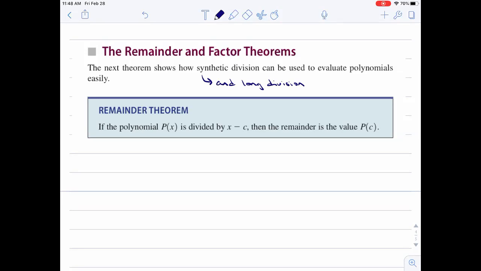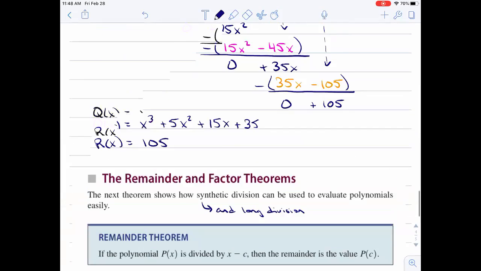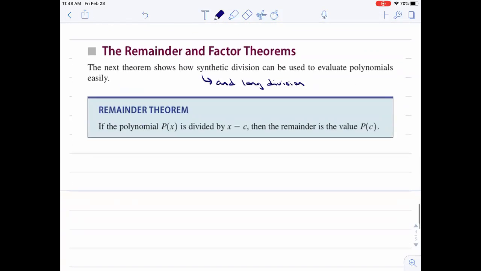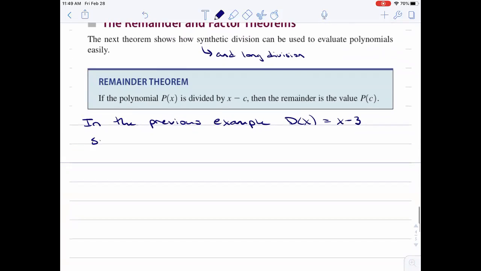If you've got a polynomial p of x divided by x minus c, like the one we just did with x minus 3, then c would be 3 in that case.